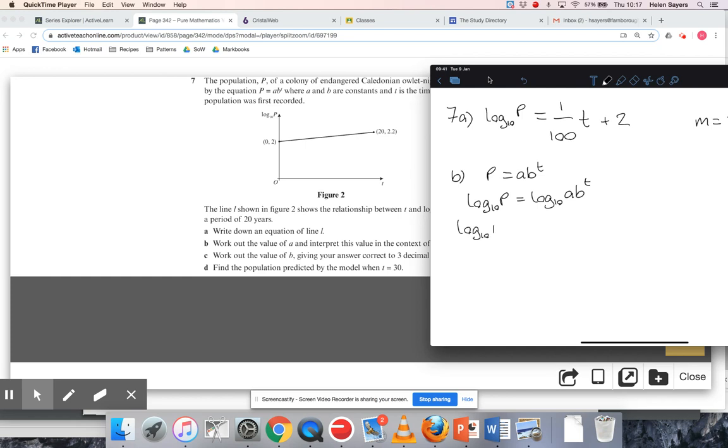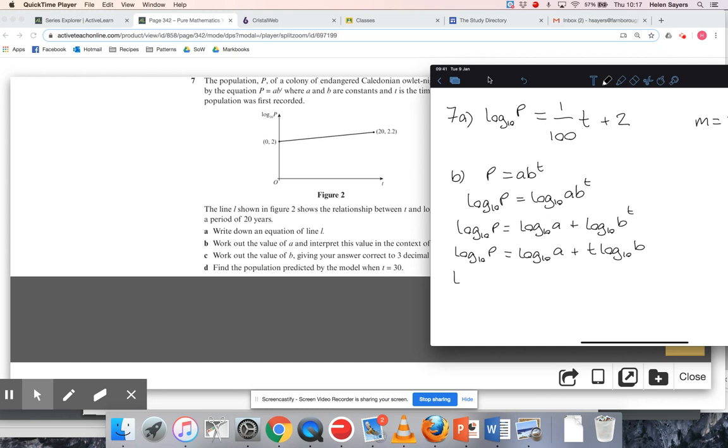Then I can separate that right-hand side out, and then I can bring that t down as a coefficient. You might already have known that was going to be the result, as you've practiced quite a few of these, but otherwise you can just go through the linearizing.